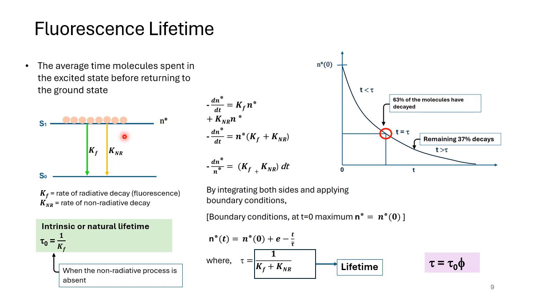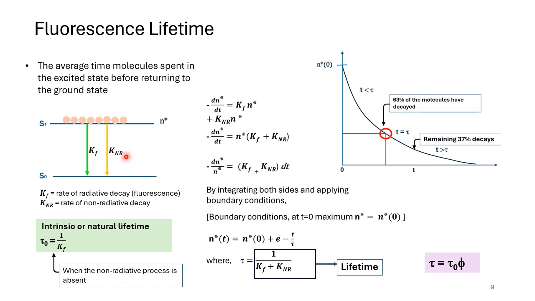Now let's say that the concentration of this state is n star, and of course this population will not stay there for long. After some time, of course this population will start to decay, and this decay will happen both through a radiative process and a non-radiative process.